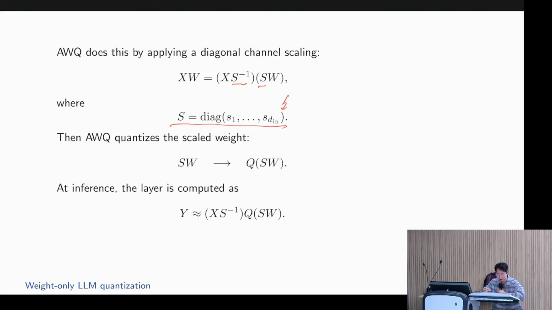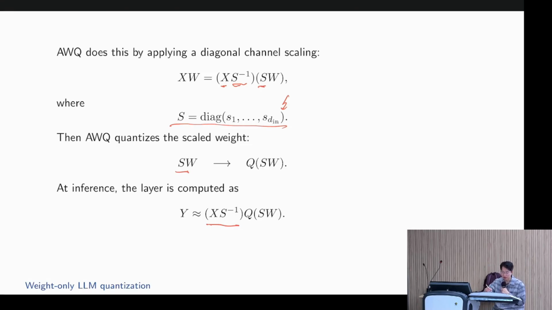based on the sensitivity, you pre-multiply and post-multiply: S inverse to X, S to W, and it makes a difference when you actually quantize. So as opposed to quantizing W, you quantize SW, and at inference, you compute it as X times S inverse, times the quantized SW.